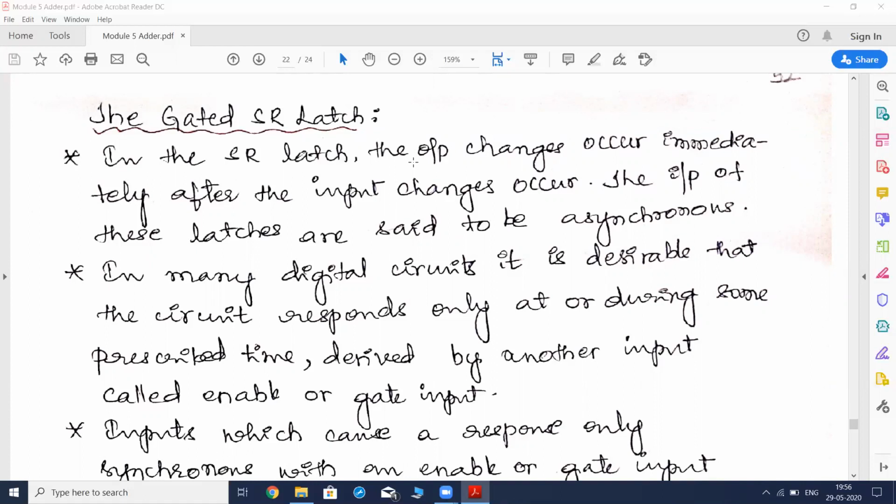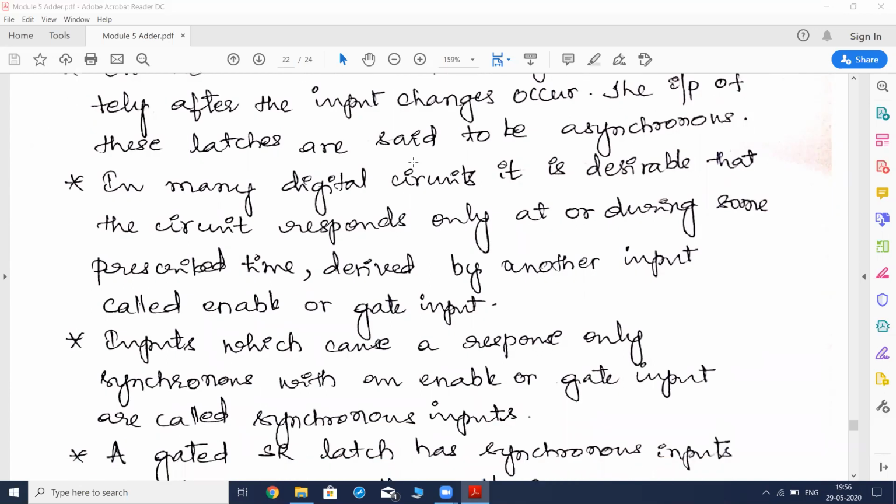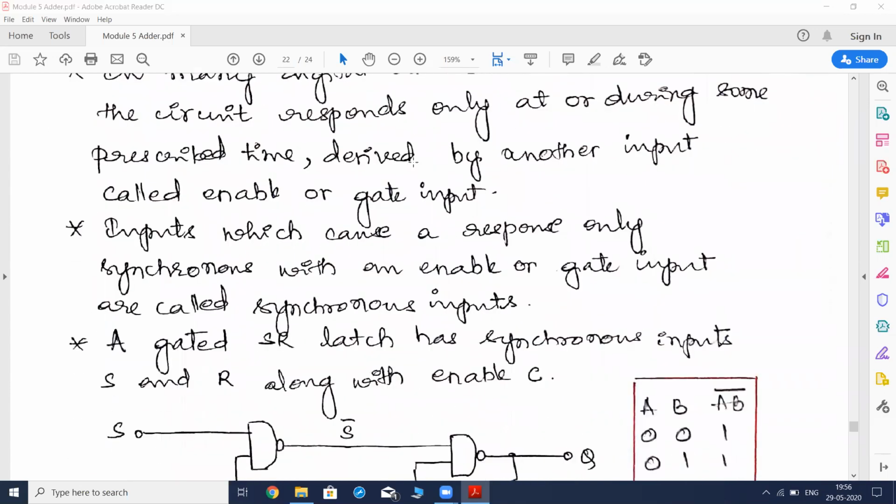At what time they have to change the output depends on another input, which is called the enable or the gate input. Inputs which cause a response only in synchronization with the gate or enable input are called synchronous inputs.